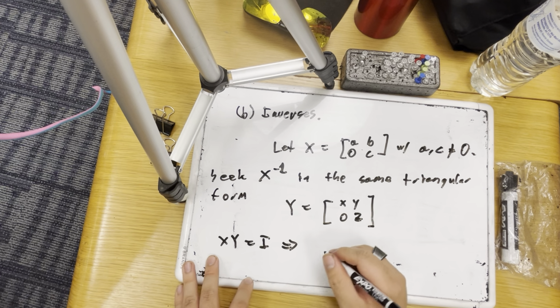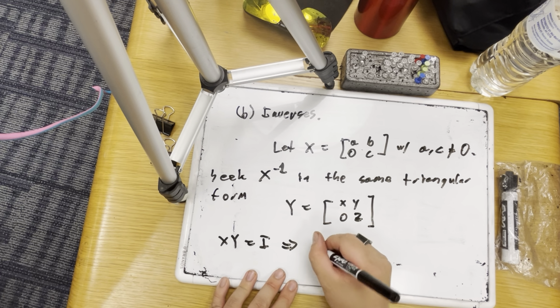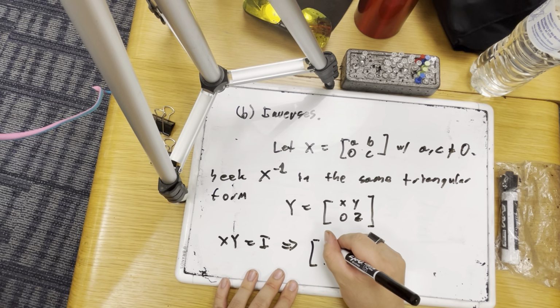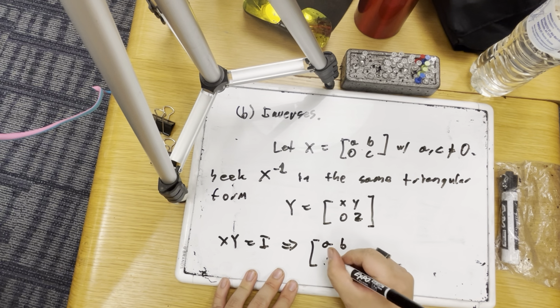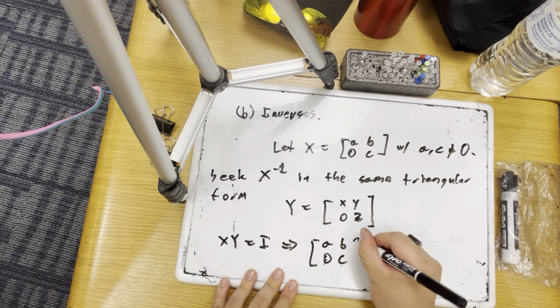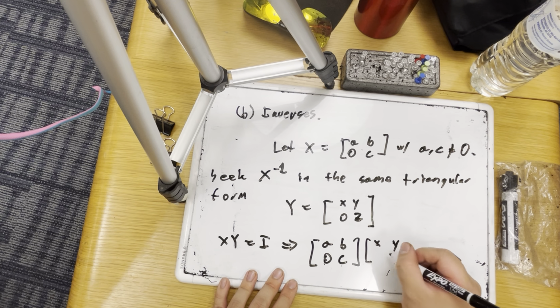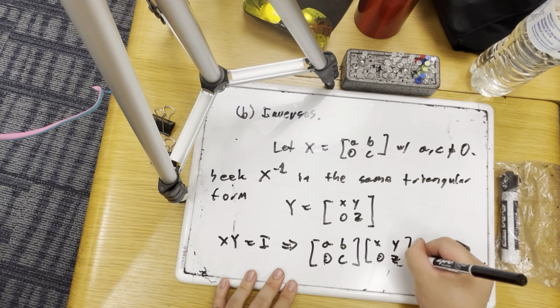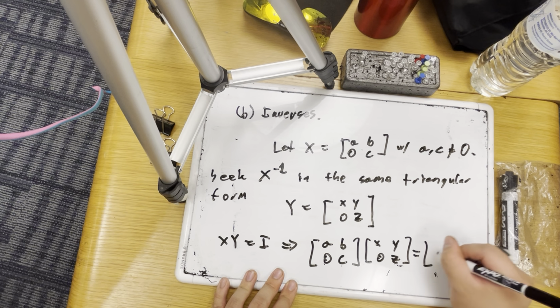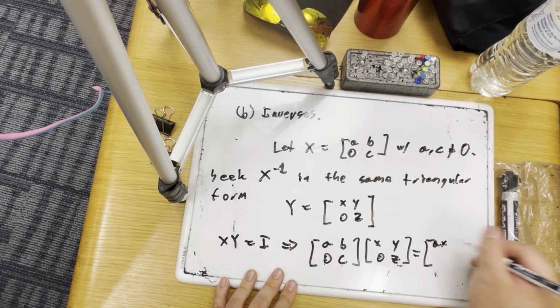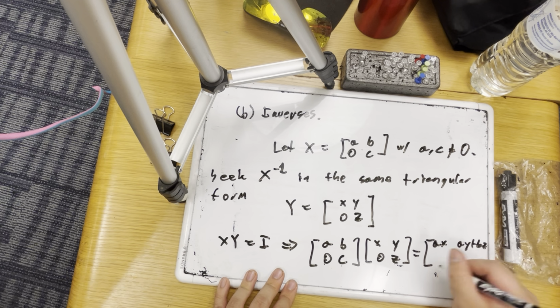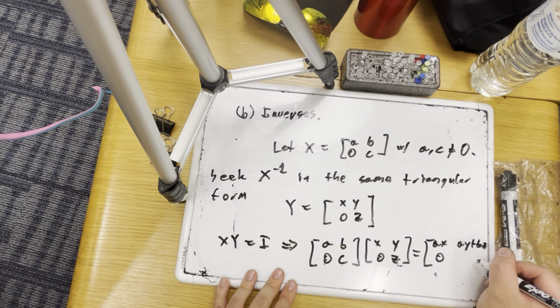Well, let's see here. We have the matrix X, which is A, B, 0, C. Matrix Y, X, Y, 0, Z, which is equal to the matrix Ax, then Ay plus Bz, then 0, then Cz.